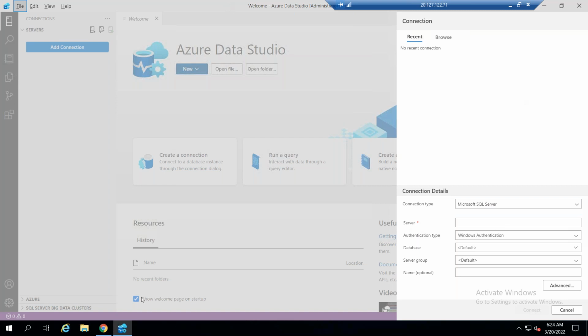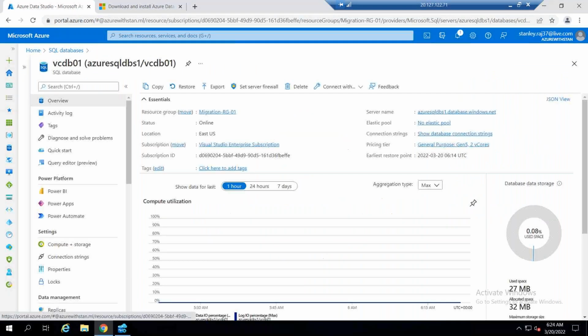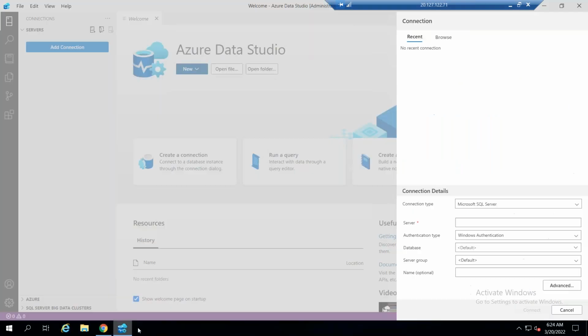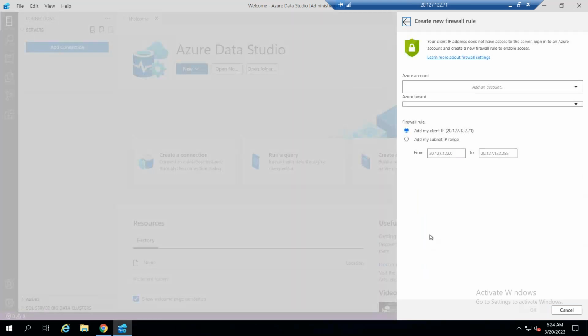Let's connect to the database which we have deployed. I can just copy the SQL database server name. This is the Azure SQL DB, right? I can copy and paste that, and I can use SQL login, and give the username and password that I've given. If you want to select specific data, you can select that.